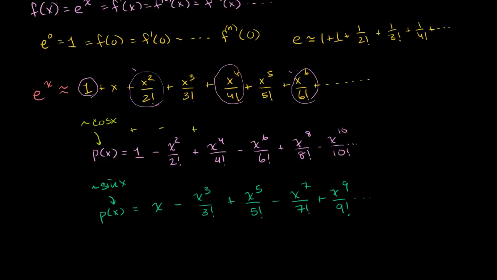And sine of x looks just like this term, plus a negative version of this term, plus this term, plus a negative version of the next term. So if we can somehow reconcile the negatives in some interesting way, it looks like e to the x, or at least its polynomial representation, is somehow related to a combination of the polynomial representations of cosine of x and sine of x.